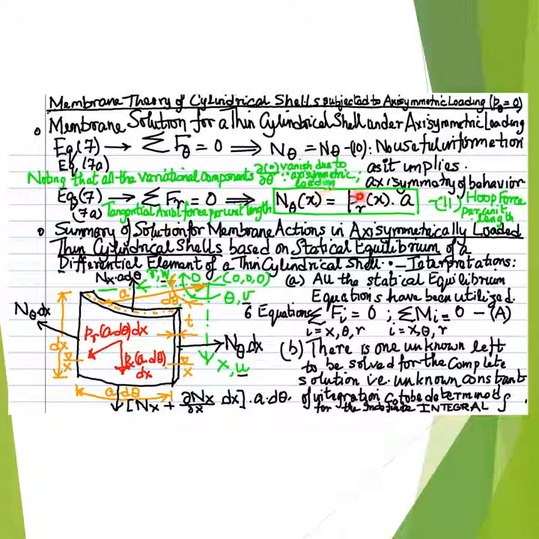and in general both the external radial load PR as well as the internal tangential axial force n theta can be a function of x only, due to reasons that were described in the previous slides.